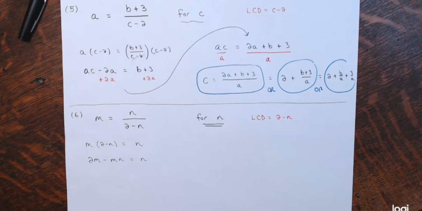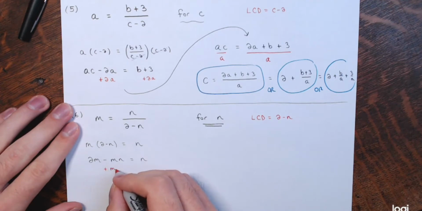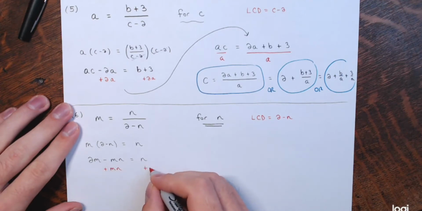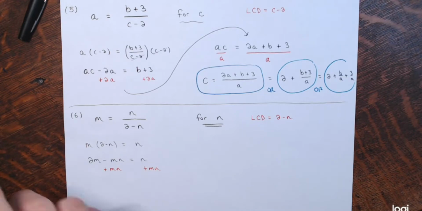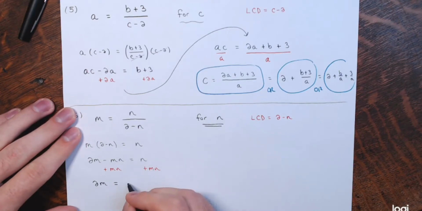First I need to get all the terms with n on the same side. So let me do that by adding mn to both sides. Now on the left I have 2m, and on the right I have mn plus n, or n plus mn, whatever you want.